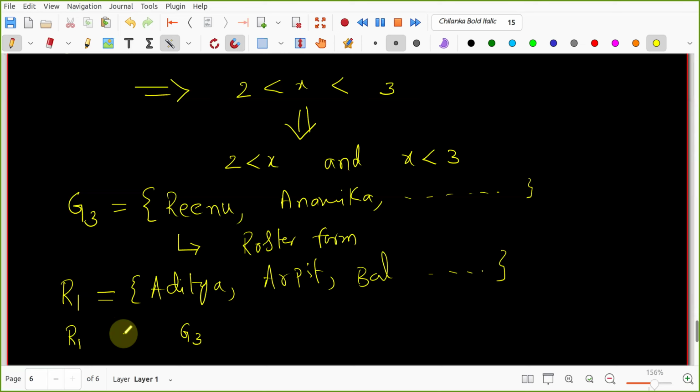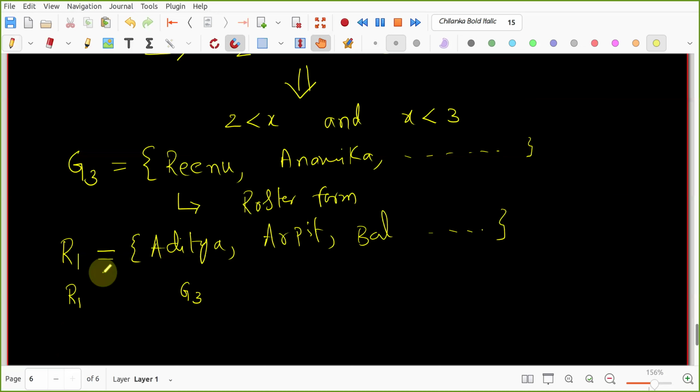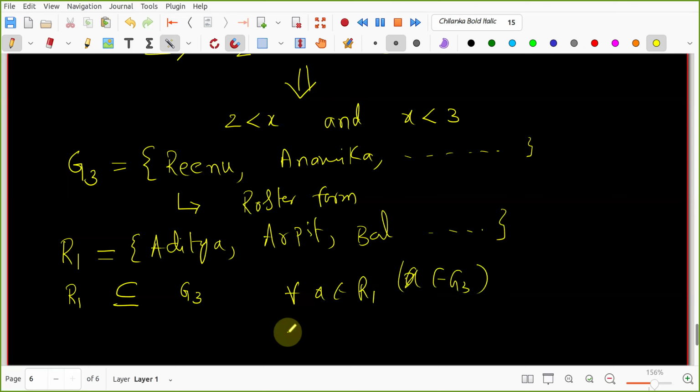Besides Aditya, Arpit, Baljit, anyone else? What is the connection between R1 and G3? Mohan: R1 is a subset of G3. Because given any x belongs to R1, then x belongs to G3. If x is in R1, then x is in G3 also, right?